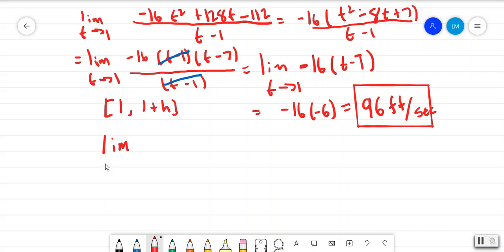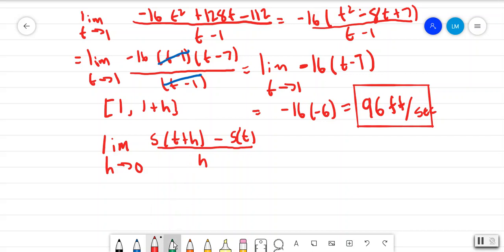Then h is approaching 0, and we can use s of t plus h minus s of t, divided by h, because essentially the change in t is h and the change in s is s of t plus h minus s of t.